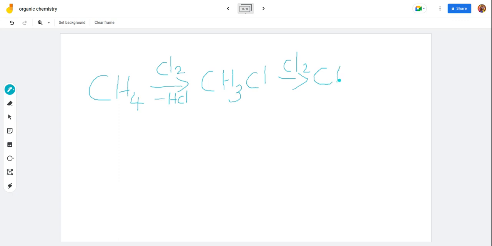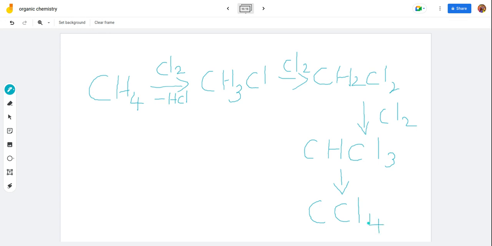Minus one hydrogen, so it becomes CH2, and add one chlorine. Already Cl is there, so you write Cl2. That is nothing but dichloromethane or methylene dichloride. The same thing if you pass chlorine, minus one hydrogen becomes CH, add one chlorine, Cl3. So it is trichloromethane or chloroform. Similarly, minus one hydrogen, add one chlorine, it is tetrachloromethane.